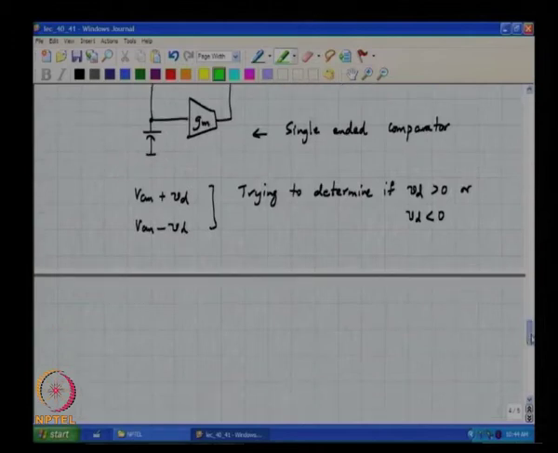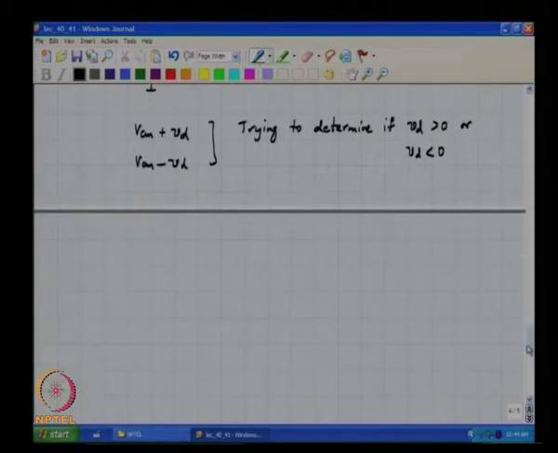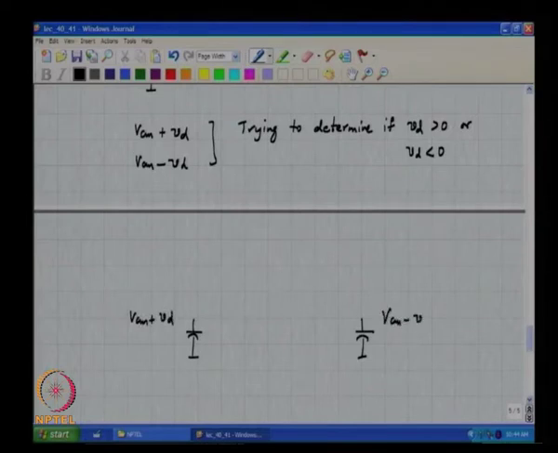So now you have two capacitors in principle, one holding VCM plus VD and the other holding VCM minus VD, and what do we need to do?